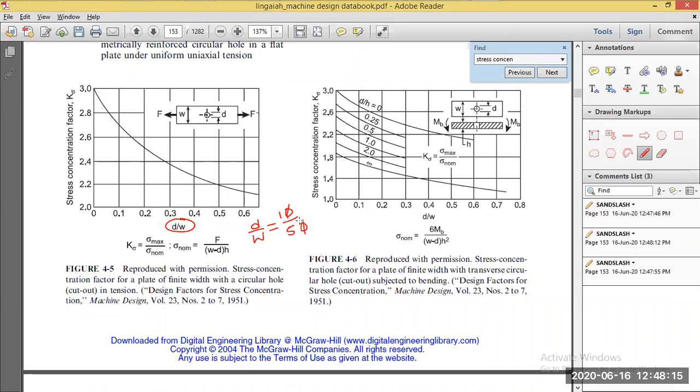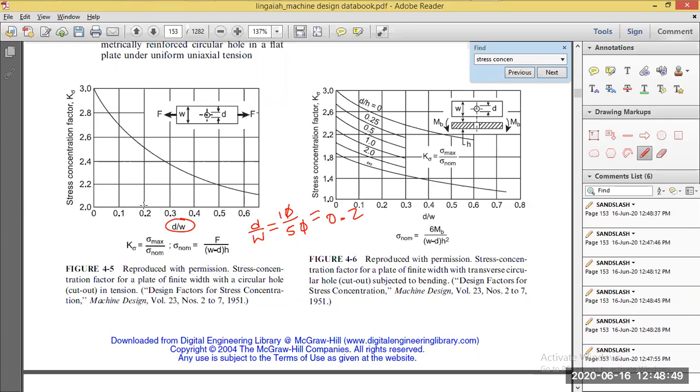What is 1 by 5? 1 by 5 is 0.2, right? So d by w is 0.2.